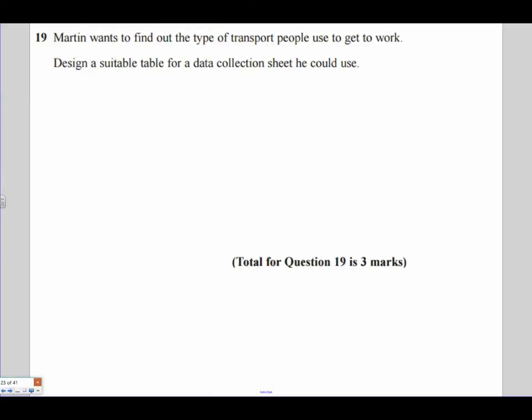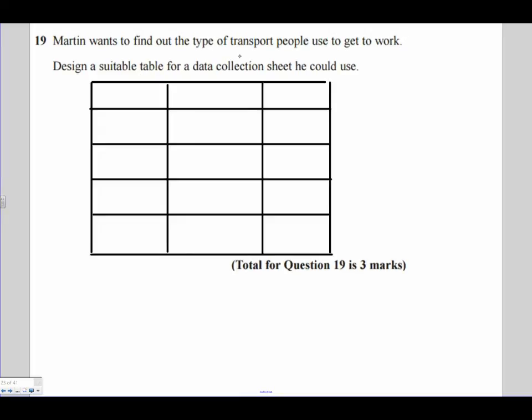Question 19. Martin wants to find out the type of transport people use to get to work. Design a suitable table, so this is a table, for a data collection sheet he could use. So you could ask the question, what type of transport do you use to get to work? And then in here you could have the type, a tally, and the frequency, which is the maths word for count.